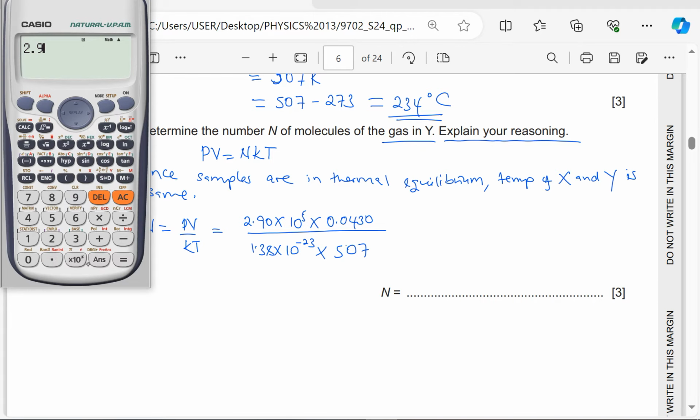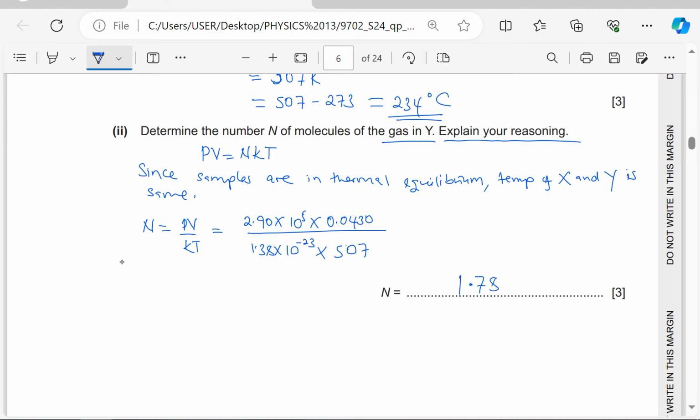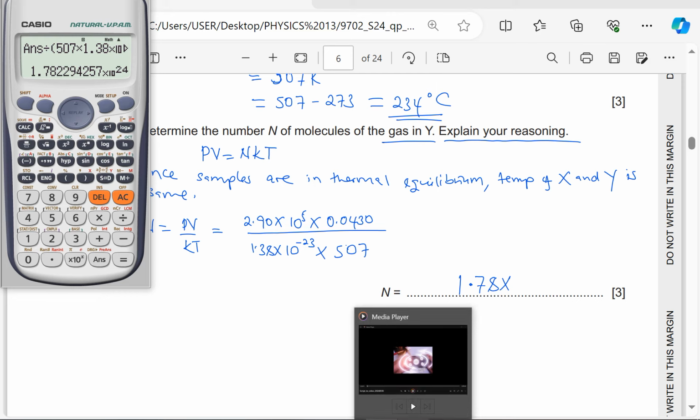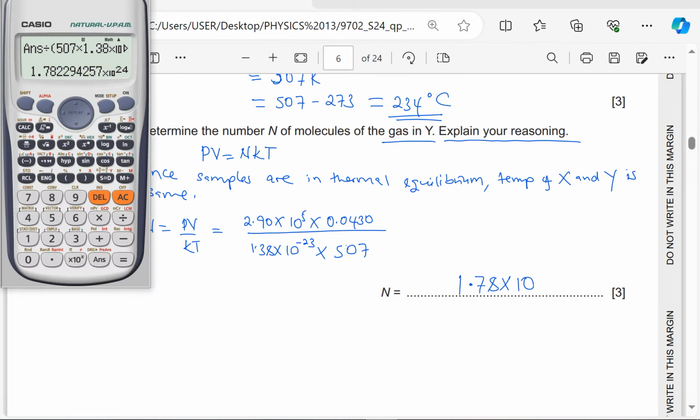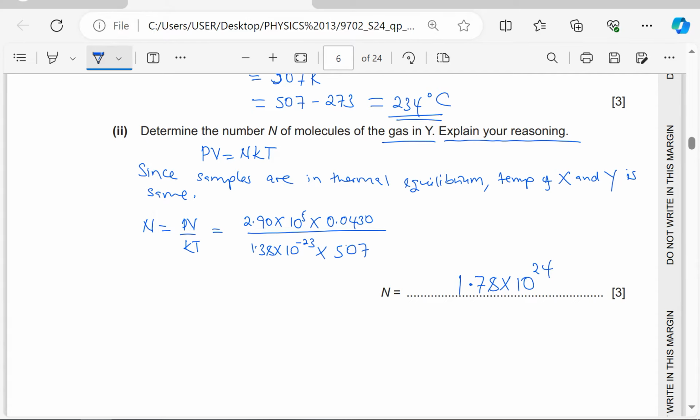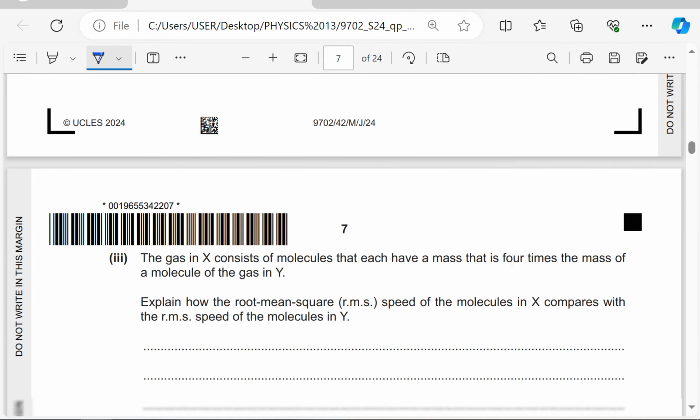So I have 2.9 exponent 5 times 0.043 divided by 507 times 1.38 exponent minus 23. So I'm getting 1.78. To three significant figures, 1.78 times 10 to the power of 24. Okay, I think that is all.